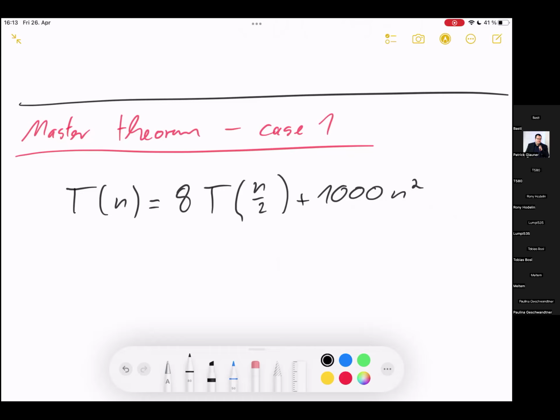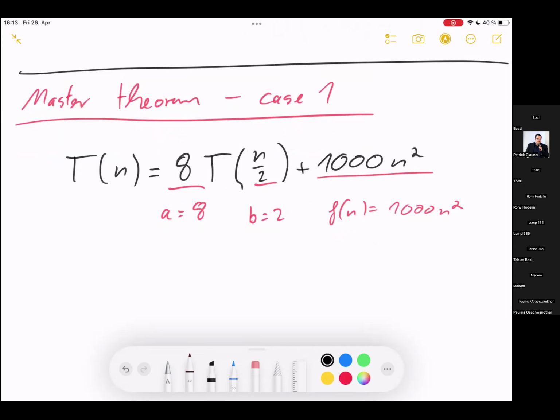If you try to solve this recurrence relation manually, it will probably take you a little bit of time, and it won't be that easy. But we can now identify all the relevant parts. We can see A is 8, B is 2, and our f of n is 1000 n squared.